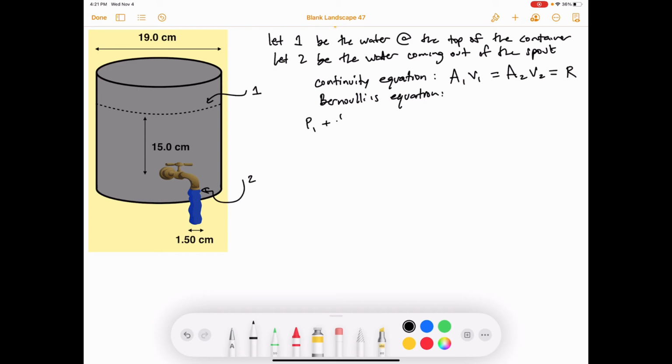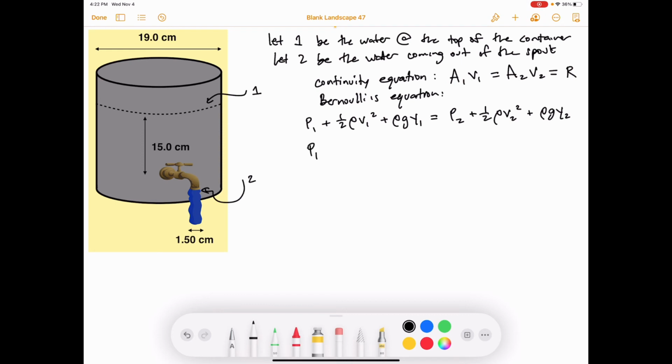P1 plus 1/2 times rho times V1 squared plus rho times g times Y1 is equal to P2 plus 1/2 times rho times V2 squared plus rho g Y2. Okay? So we're going to use both of these equations together, but what we're really trying to solve for is P1.